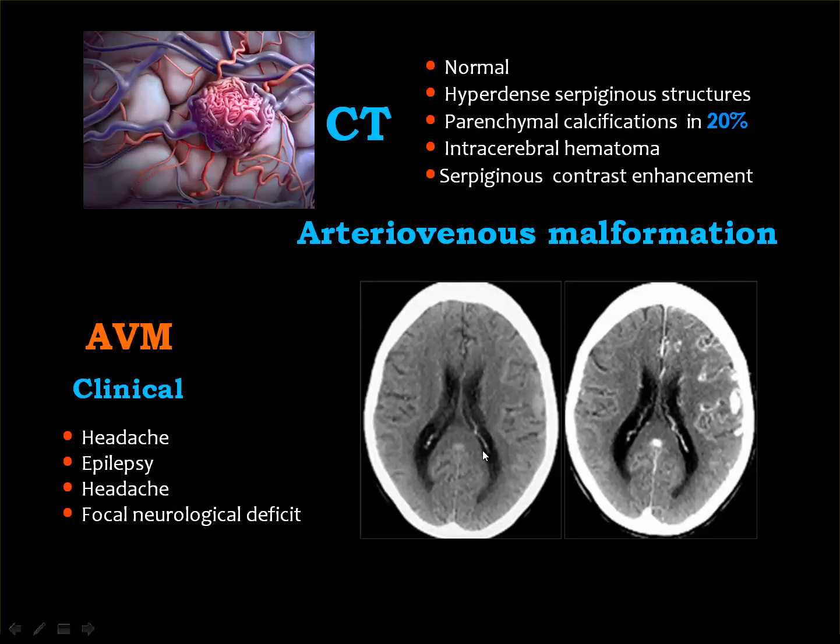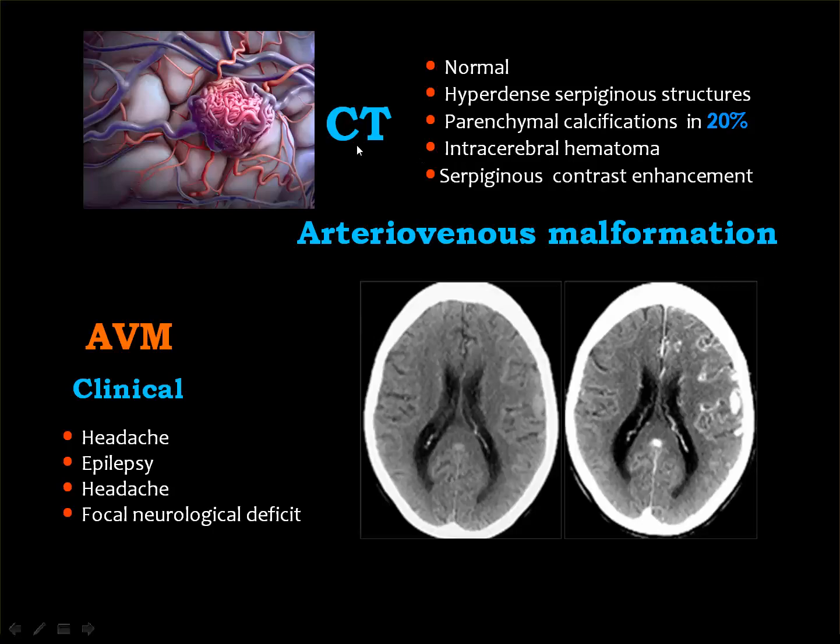Then we come to the arteriovenous malformation, which is a group of vessels that are directly connected between the artery and the vein without passing through the capillary level.